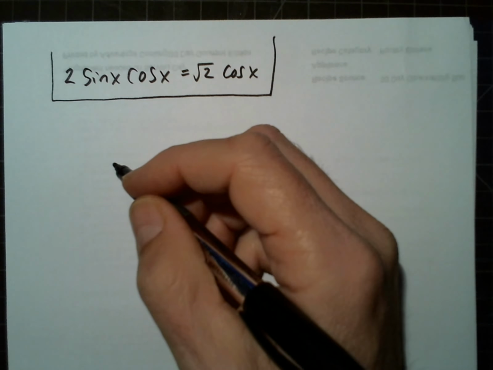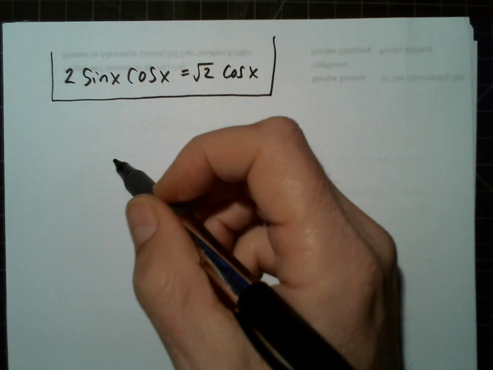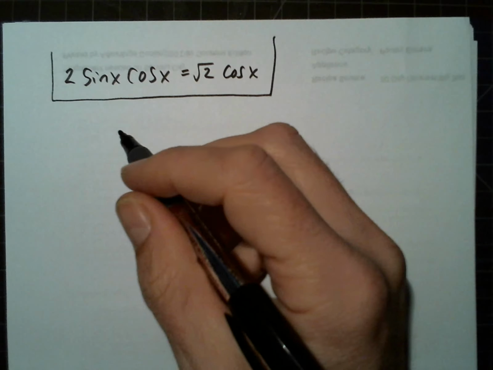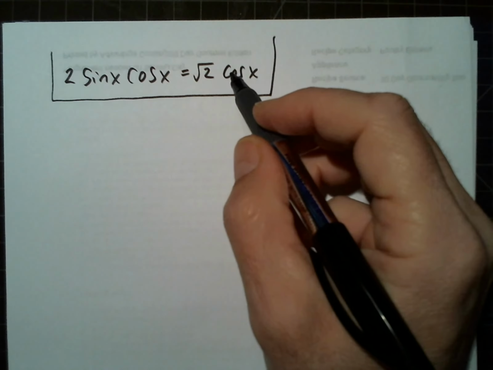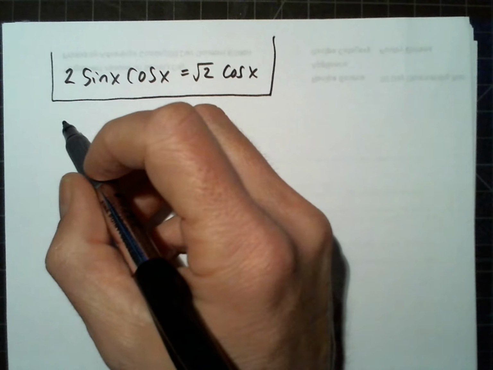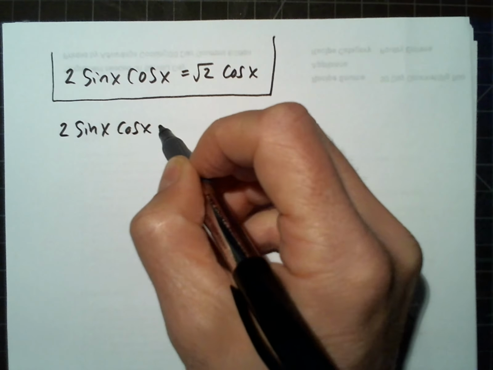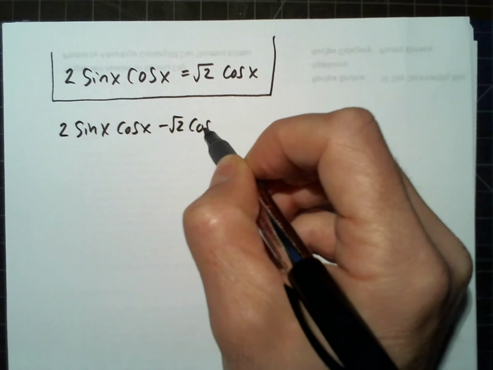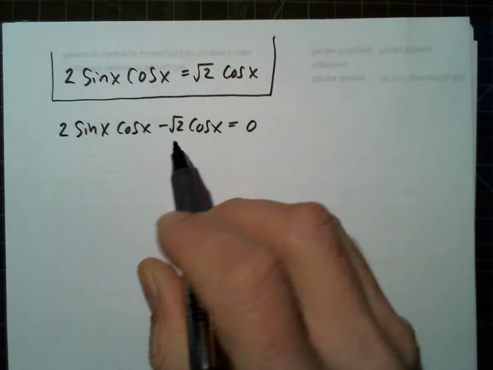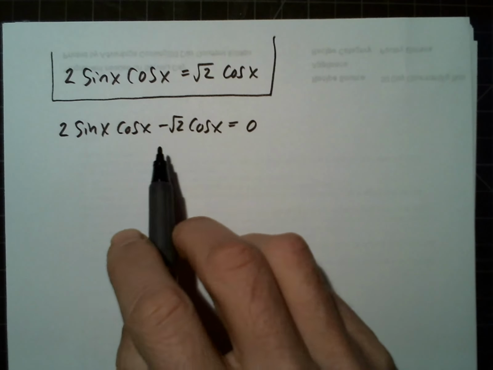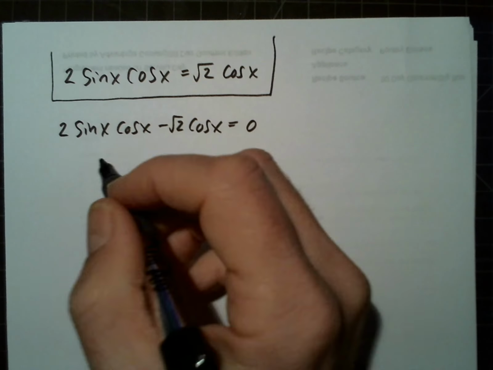Here we can't isolate a trig function, so we're going to have to factor. Let's start by subtracting this. Now we see a common factor of cosine.